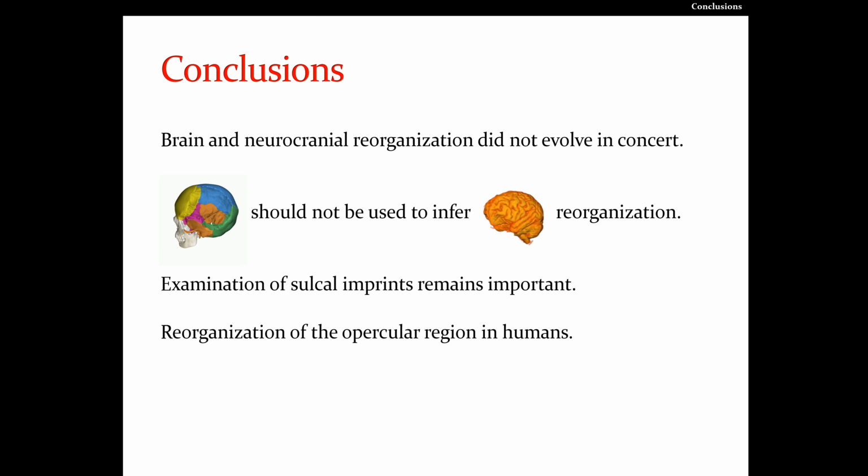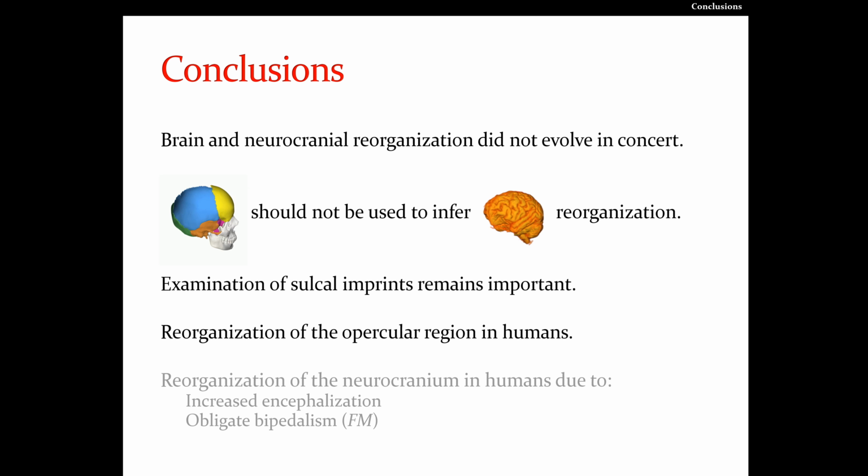Another thing is, one of the regions that underwent the largest amount of change during this time might have been the opercular region, in particular Broca's area. And finally, the changes that we see in the neurocranium might reflect, in humans, just increased encephalization and obligate bipedalism, in particular, an anterior displacement of the foramen magnum.